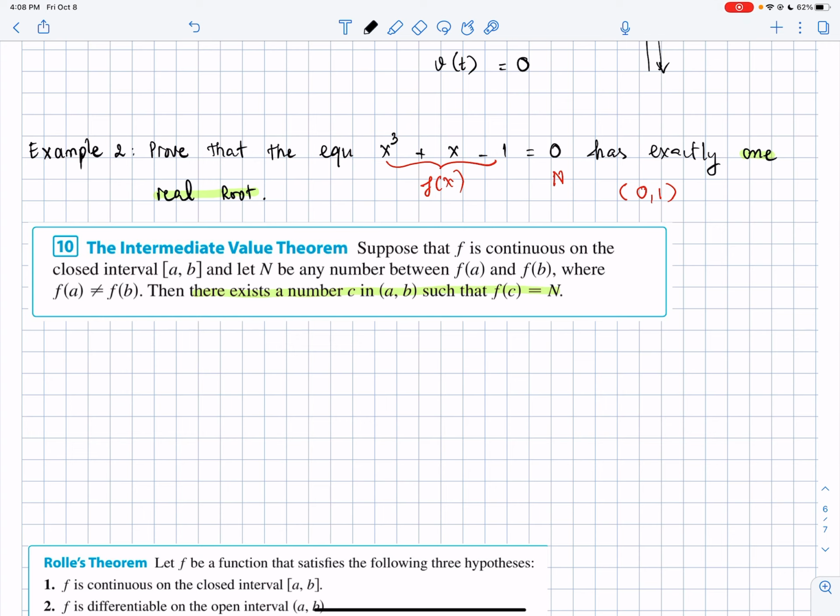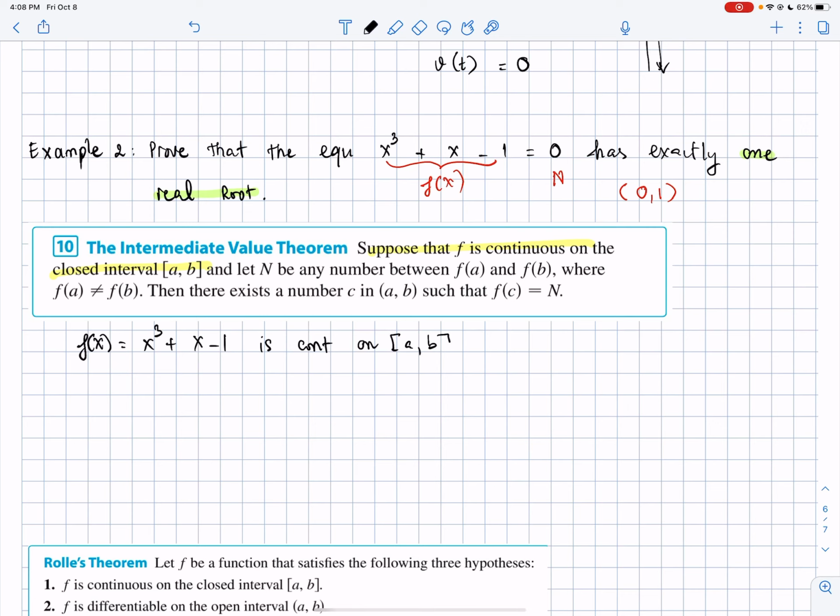Okay, so based on the theorem, suppose that f is continuous on the closed interval [a, b]. So the function f of x equal to x cubed plus x minus 1 is continuous on the closed interval [a, b].